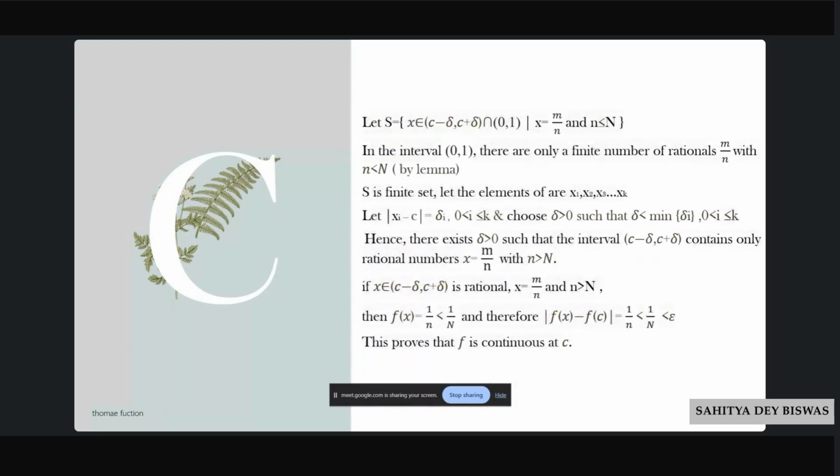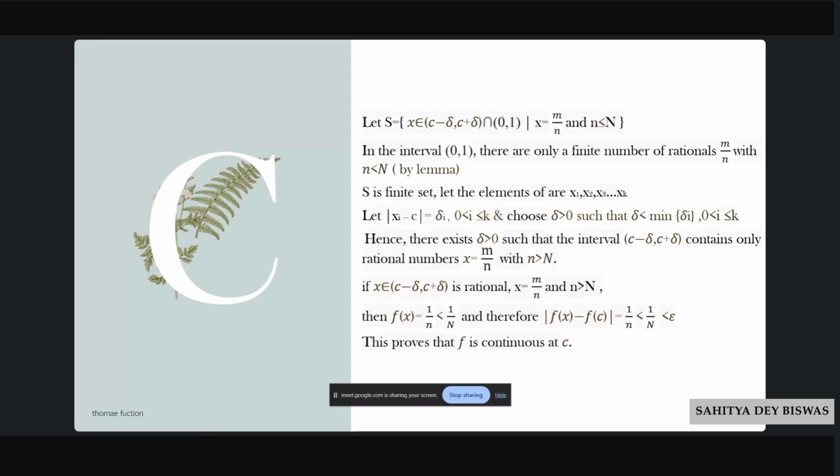Now back to the proof. I consider a set S, which consists of those rational numbers in (0, 1) whose denominator is less than or equal to capital N. I just saw in the lemma that the set is finite.